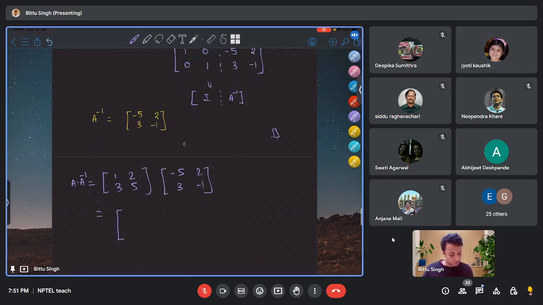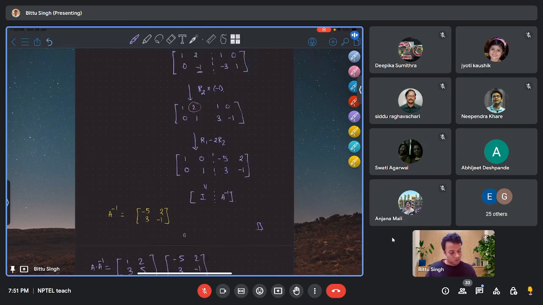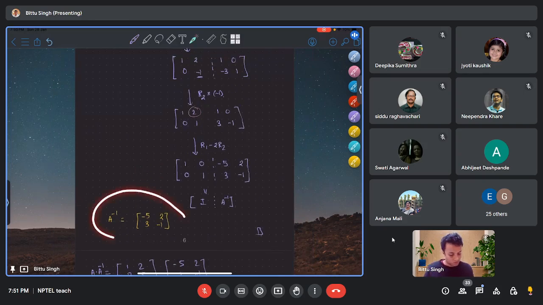So this is the same as: minus 5 plus 6, which is 1. 2 minus 2, that is 0. Minus 15 plus 15, again 0. 6 minus 5, this is 1. That is, A times A inverse is identity. Therefore it is the correct answer. Okay, A inverse is this.